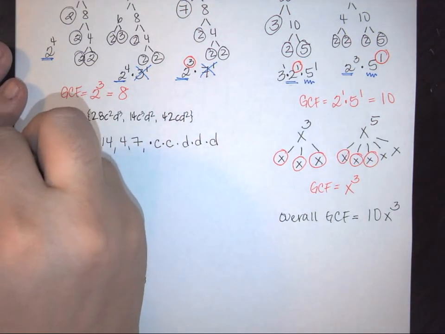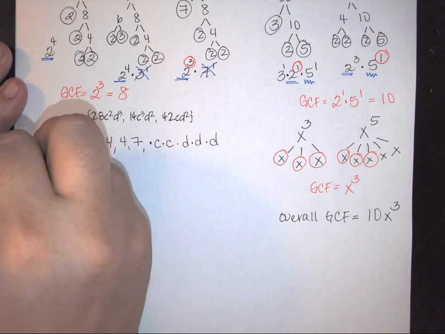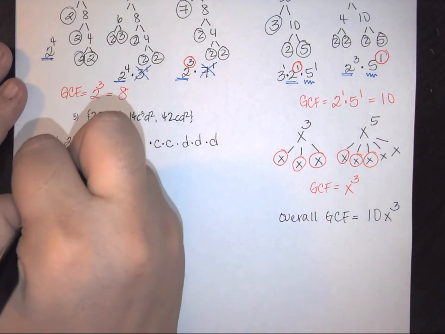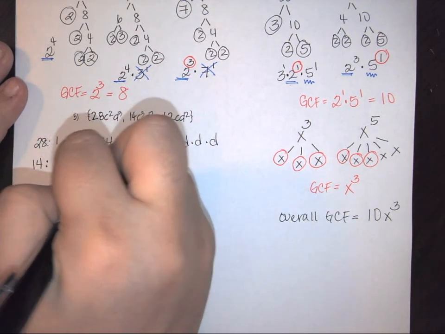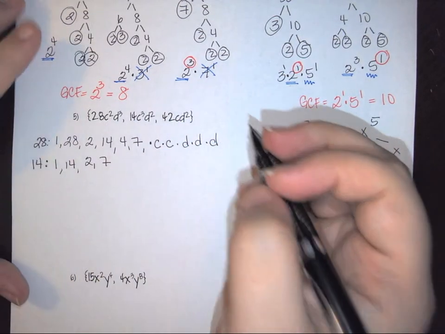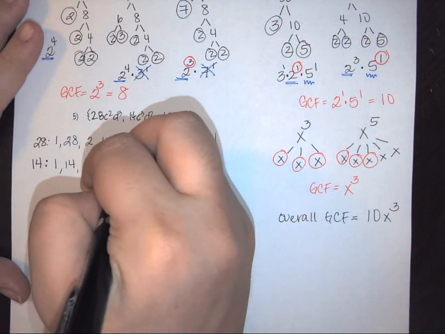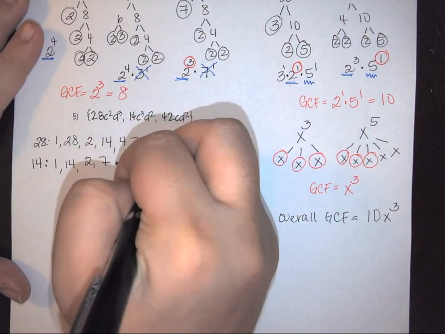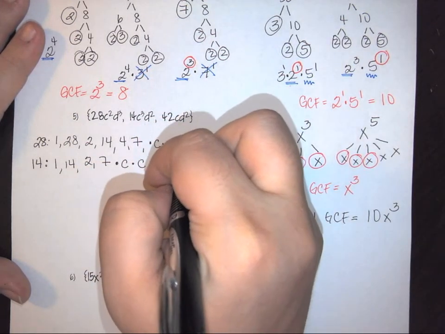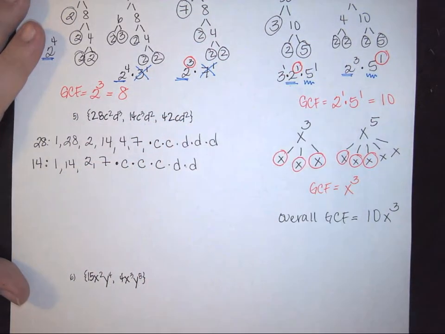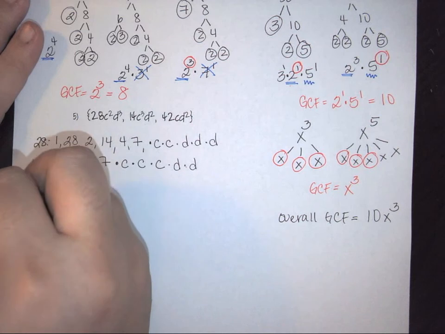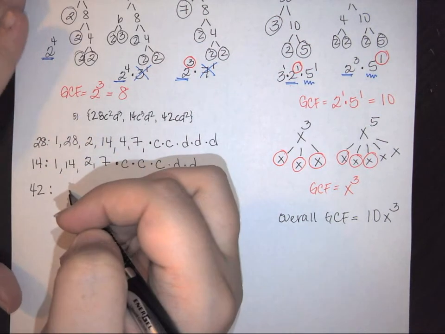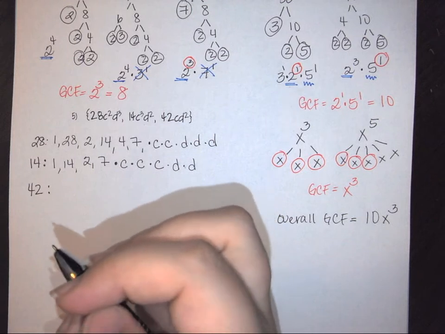Now if I look at 14, I can look at the same thing. So I have 1 and 14, I have 2 and 7, and then I have c to the third d squared. So 1, 2, 3 c's, 1, 2 d's. Last, I have 42. So again, if I look at 42, I can break that down.